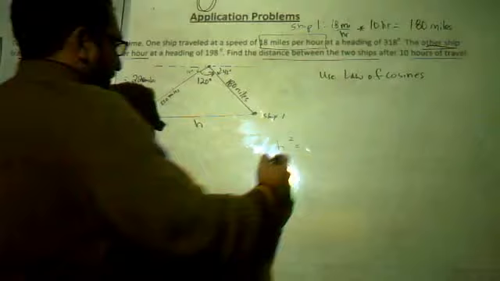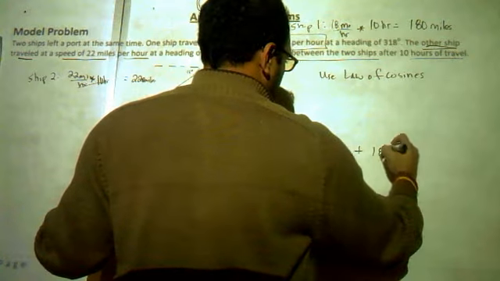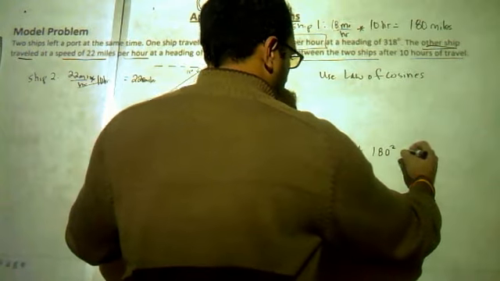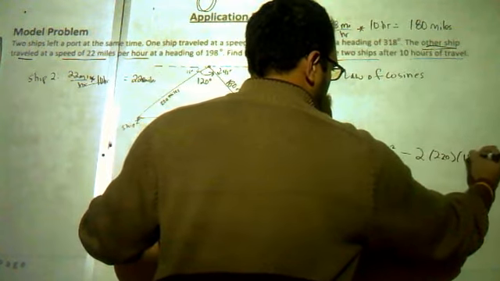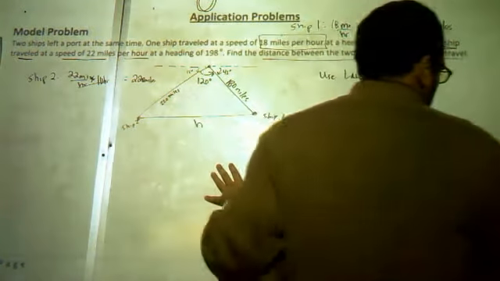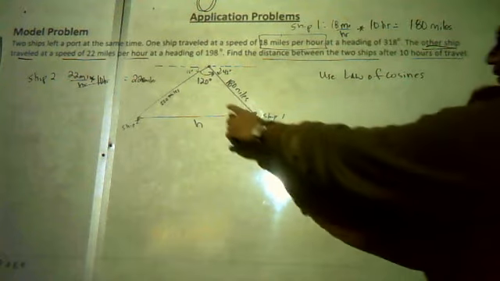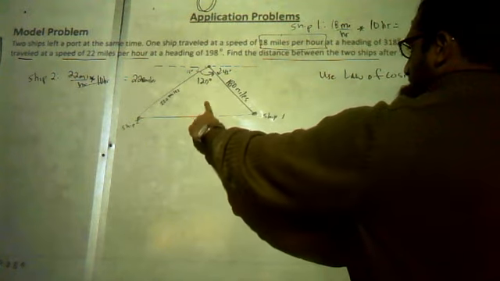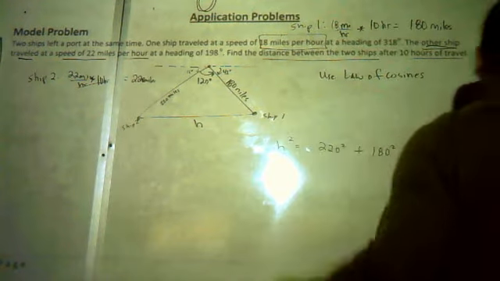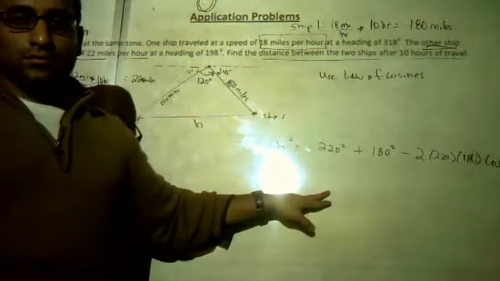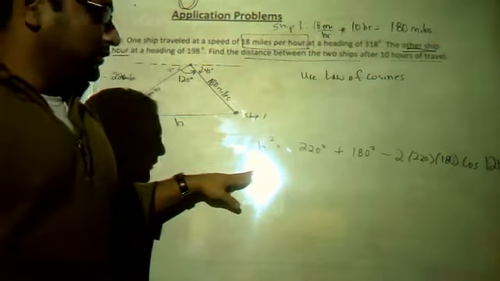So 220 squared plus 180 squared minus 2 times 220 times 180 times the cosine of angle h. Do we know angle h? Yes, we do. It's directly across from our side h, 120 degrees. That is how you should write it, exactly like this.